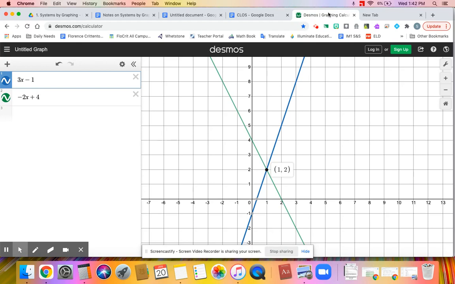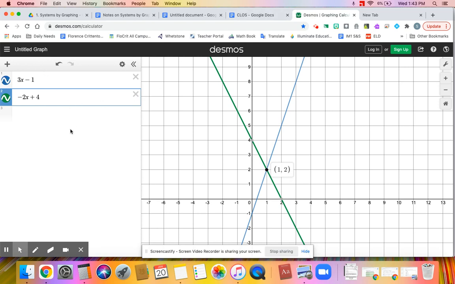The reason we care about where they cross is, let's pretend this was about money. Let's say the top equation was my money and the green equation was my husband's money. Our intersection point means that for both of us, after one day, if x is about days, we both have $2. And 1, 2 is a point that's on both graphs.